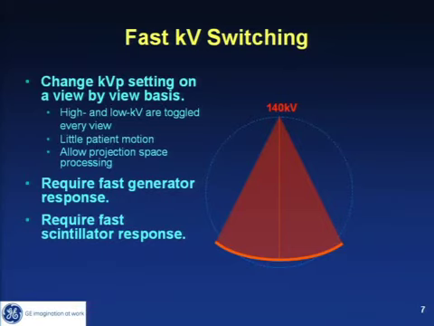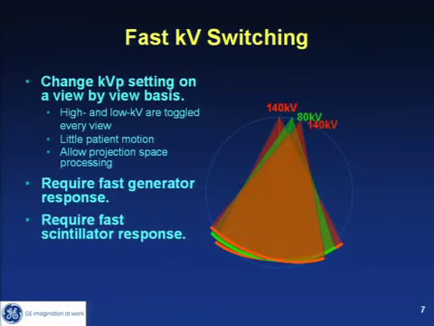There are various approaches, as Bruce mentioned before, and the approach taken by GE is using fast kV switching, where in the first projection view, you collect 140 kVp, and then you quickly switch both the generator and X-ray tube, so it generates 80 kV images, and then for the next view, you switch again. In this process, the CT data collection collects roughly 1,000 projections over 360-degree views in a fraction of a second.